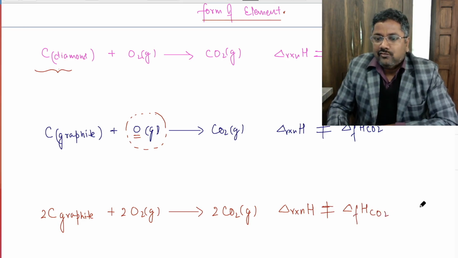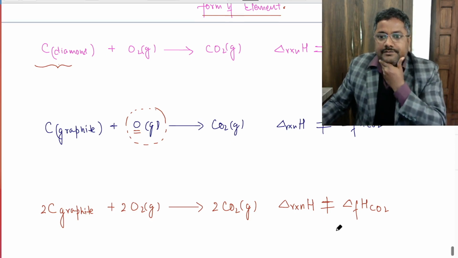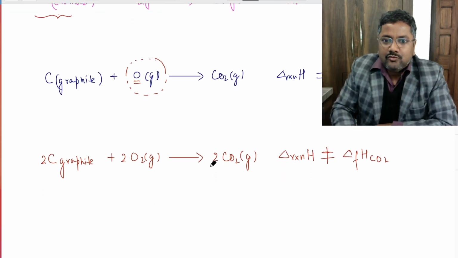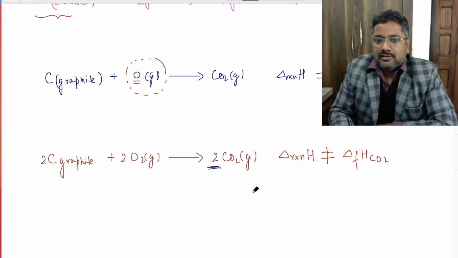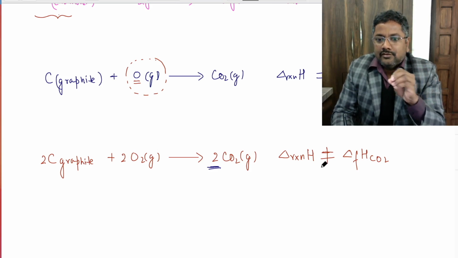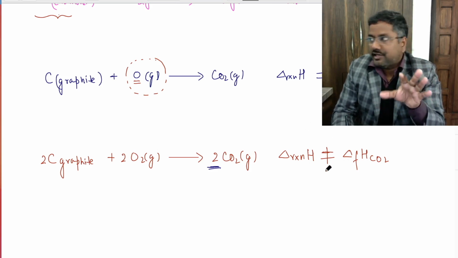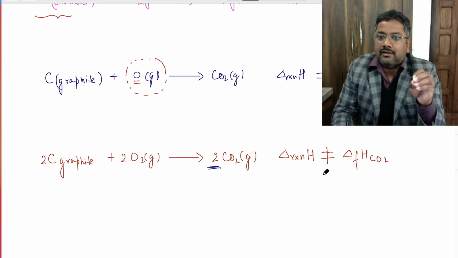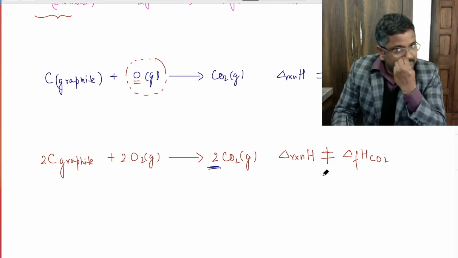Why this time? Because here 2 moles of carbon dioxide were taken. So dear students, if you make a mistake in designing the reaction, your enthalpy will change, and that will not be your correct answer, right?